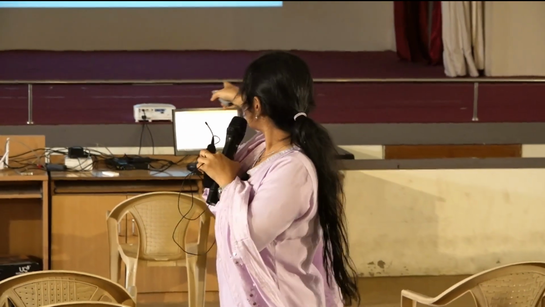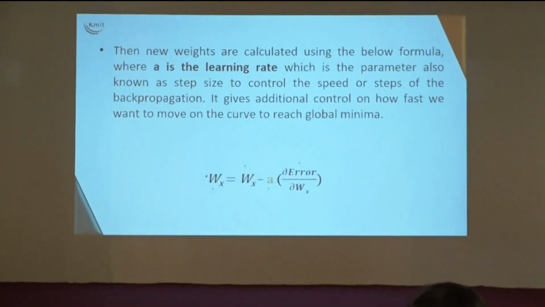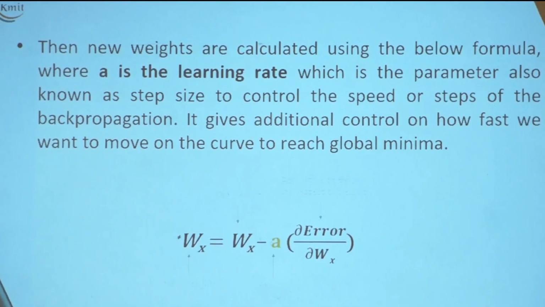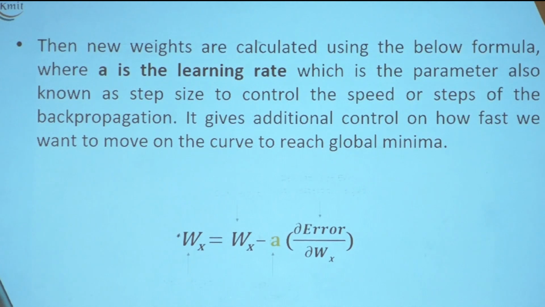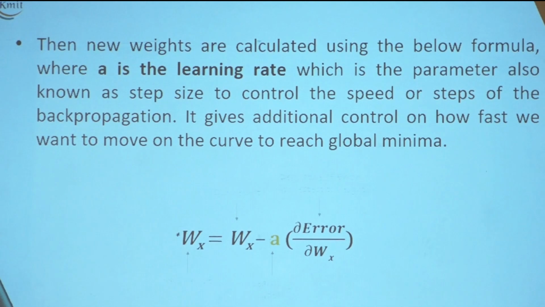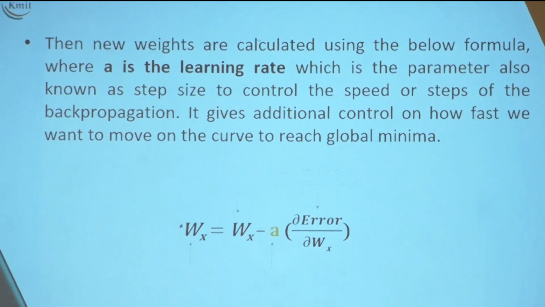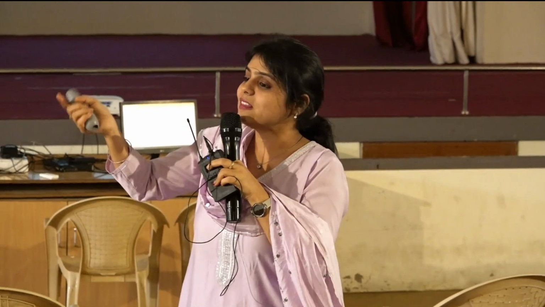The new weights are calculated using this formula. W new is the new weight that I want to calculate, and I calculate it from the weight assigned minus alpha, the learning rate. I add one parameter called the learning rate, which is multiplied with dou of error by dou of W. First I understand what the error is with respect to the weight, multiply that with a small parameter called the learning rate, and then adjust my new weight.